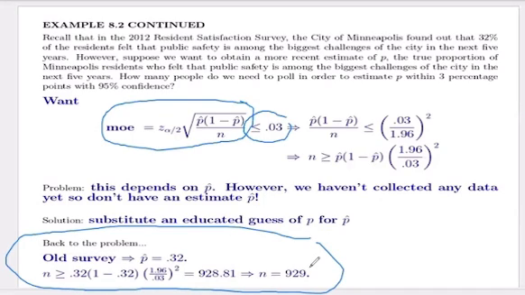At the end of the day, you got 928.81, which we always round up. So it means if you want your margin of error to be within 3%, and with a 95% level of confidence, you should be ready to take a sample of 929. So that is what that means.